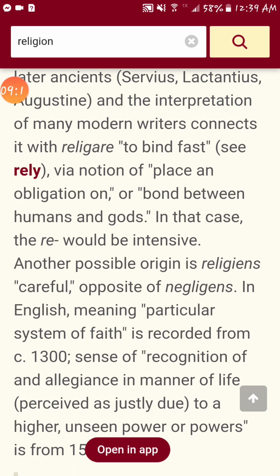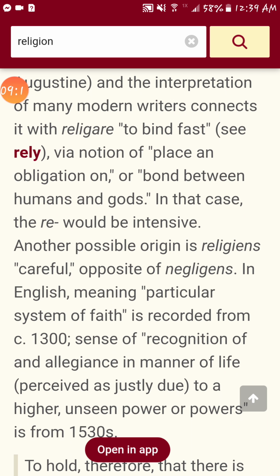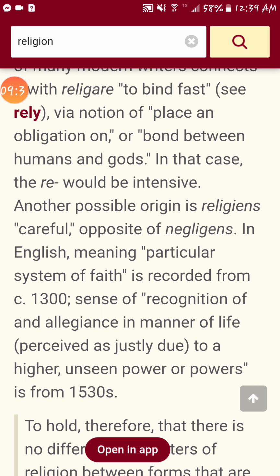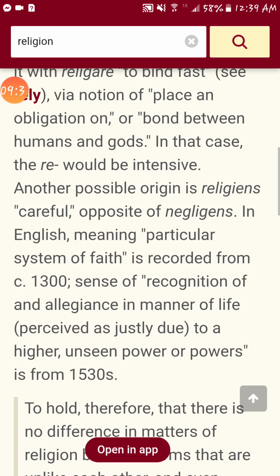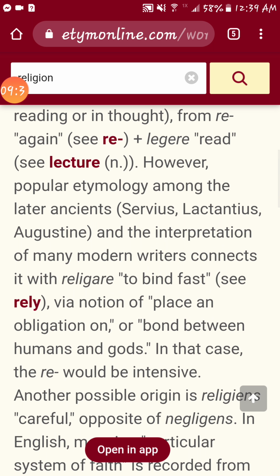This is what religion means. Bond between humans and God. Religion is to bind back, to bind fast, to bind back to God. That is what religion is, to bind you back to God. That's what it's really about.